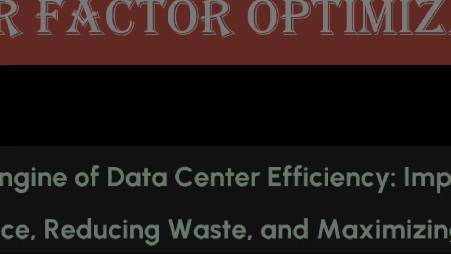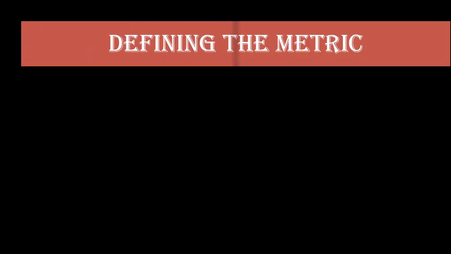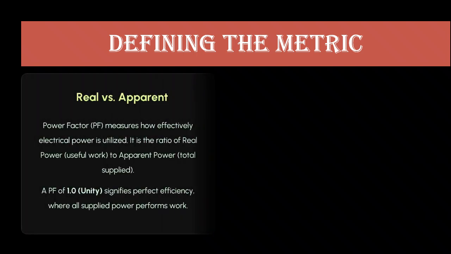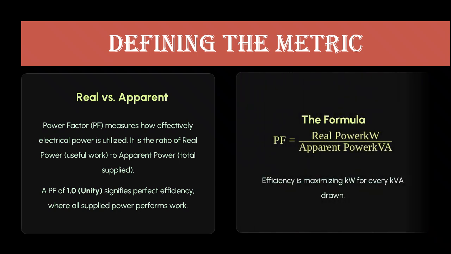Defining the metric. To begin, let's clearly define power factor. Power factor, or PF, is essentially a measure of how effectively electrical power is being converted into useful work. Mathematically, it is the ratio of real power, the useful power measured in kilowatts, or kW, to apparent power, the total power supplied by the utility, measured in kVA.